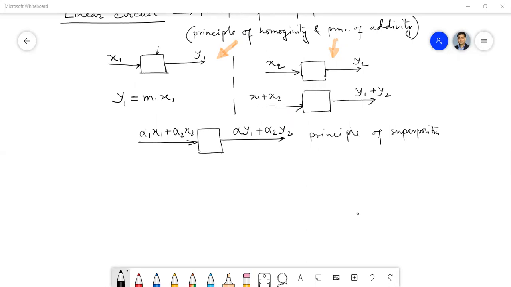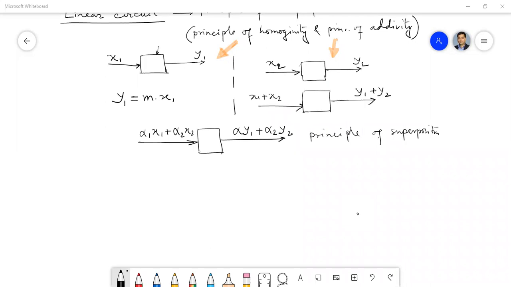Now, what does considering one source mean? The next sentence explains that considering one source means other sources should be kept off. Now, what do you mean by keeping the other sources off? It is different for voltage source and current source.